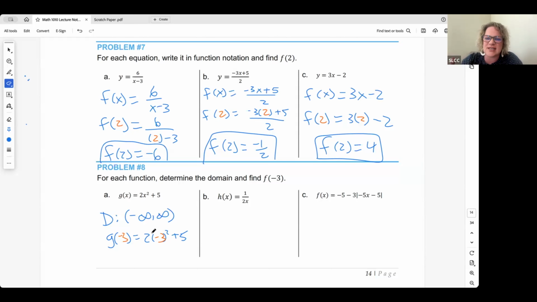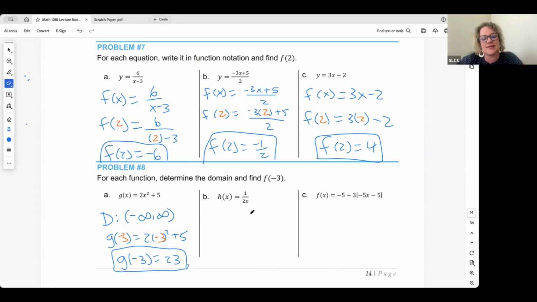Remember, if there's no parentheses, that would be a -9, and that might be confusing. So always plug in parentheses. So positive 9 times 2 is 18, plus 5 is 23. So g of -3 equals 23. When I plug in a -3 to the g function, the output is 23.